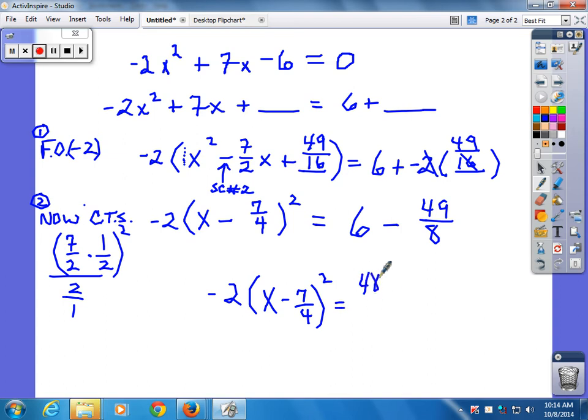Somebody, I can't do eighths very well. 48 divided by 8 should be 6. -2 times x minus 7/4 quantity squared is equal to negative what?